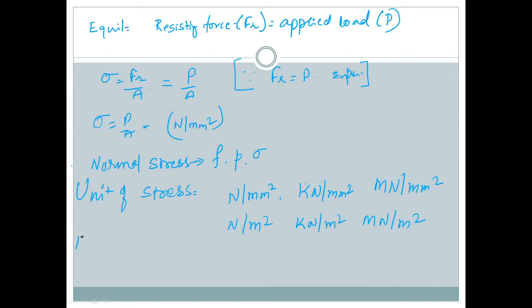So you have come across one word, megapascal. What is the meaning of megapascal? So what is the MPa? Someone say.